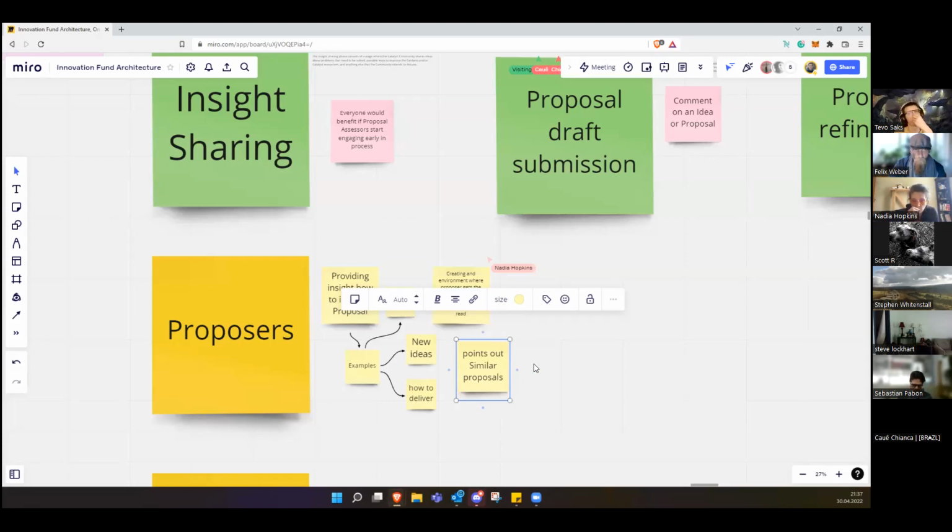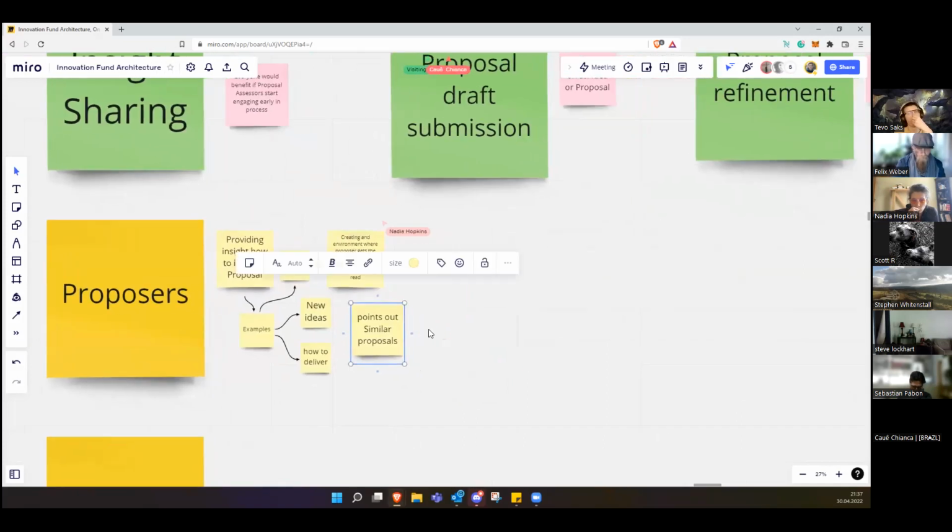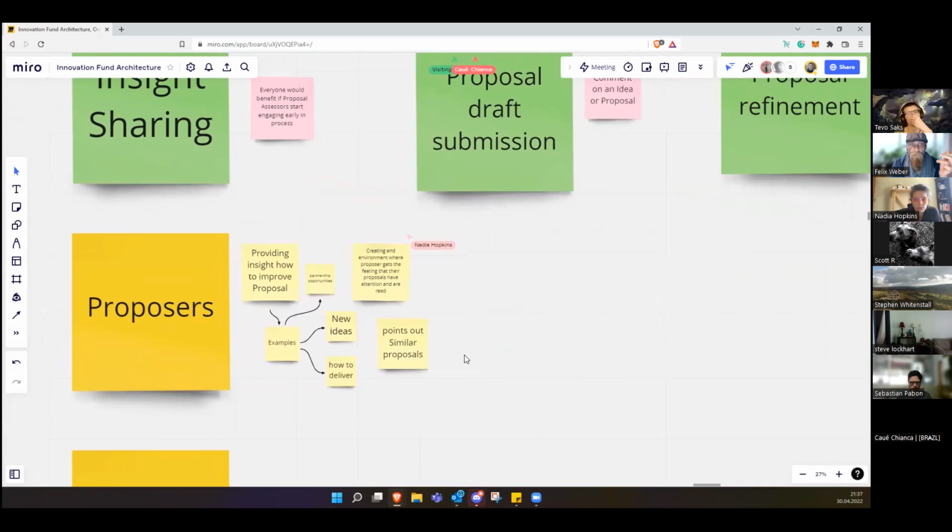Presently, whether we want to change that or not is another matter, a CA gets rewarded for a large amount of proposal assessments. That's what they get rewarded for, not for whether they're excellent or good. That's a conflict between that scale, crowdsourcing approach, and a more nurturing approach before the proposals shut.